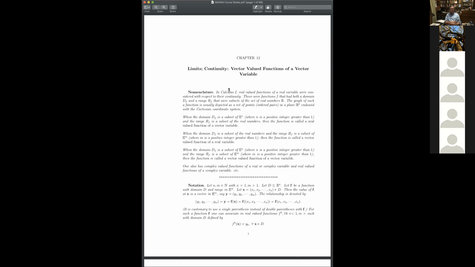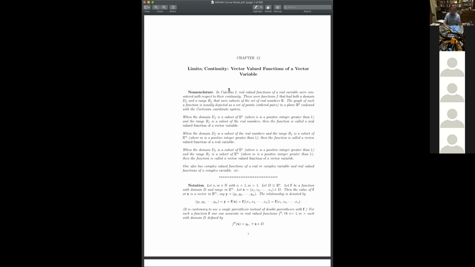So when you hear real valued function, that's what the values are. That's what the f of x's are. And if you then hear of a real variable, that tells you what the x's are. The first half of that sentence tells you what the y values are. The second half tells you what the x values are. Not literally what they are, but what kind of thing they are.